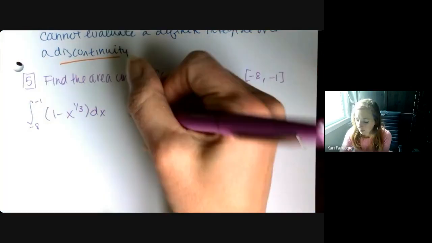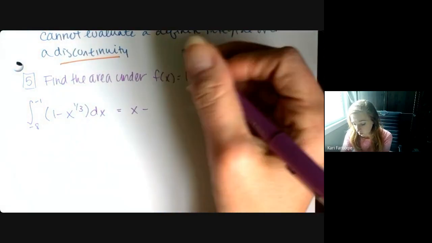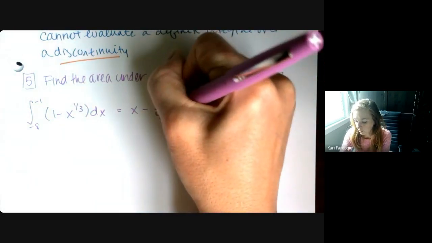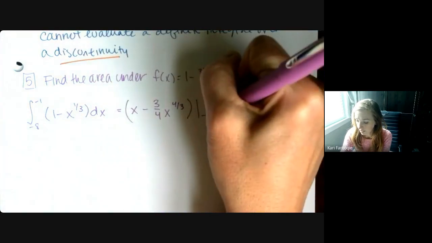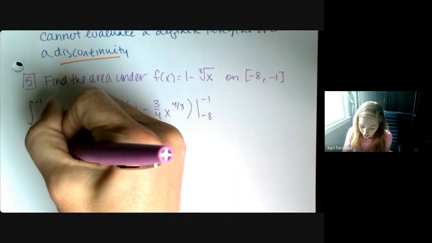Make your life easier. All right, now you'll integrate: x minus, increase the exponent by 1, divide by the new exponent. So we're up to 4/3. We're multiplying by 3/4. And then we'll evaluate that from -8 to -1. Now, if you want to use your calculators, fine.